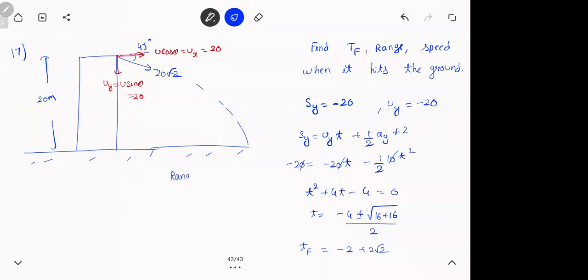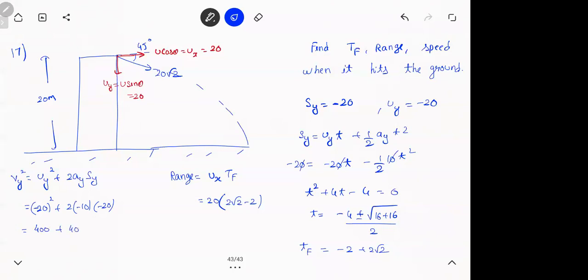What is range? Ux into time of flight, which is 20 into 2 root 2 minus 2. You can leave it there. That's your range. What is Vy square? Vy square is uy square plus 2ay sy. So uy square is 20 square, ay is minus 10, sy is minus 20. So this would be 400 plus 400, that is 800.